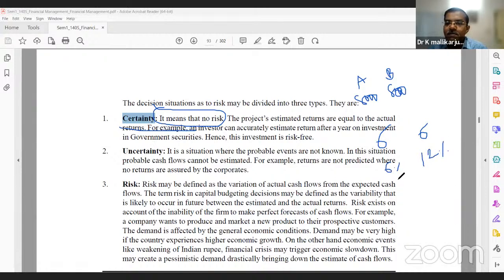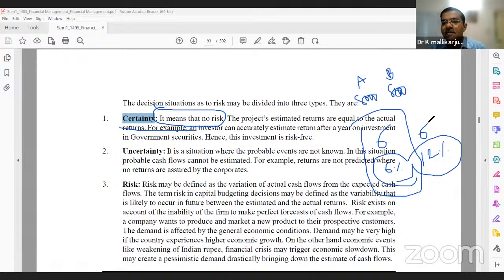The difference of 6% is the risk. Now your return is equal to the bank return. We assume banks give only 6% return, so if I invest in the stock market my return may be 12%. But if your stocks give only 6%, it is equivalent to the bank return.